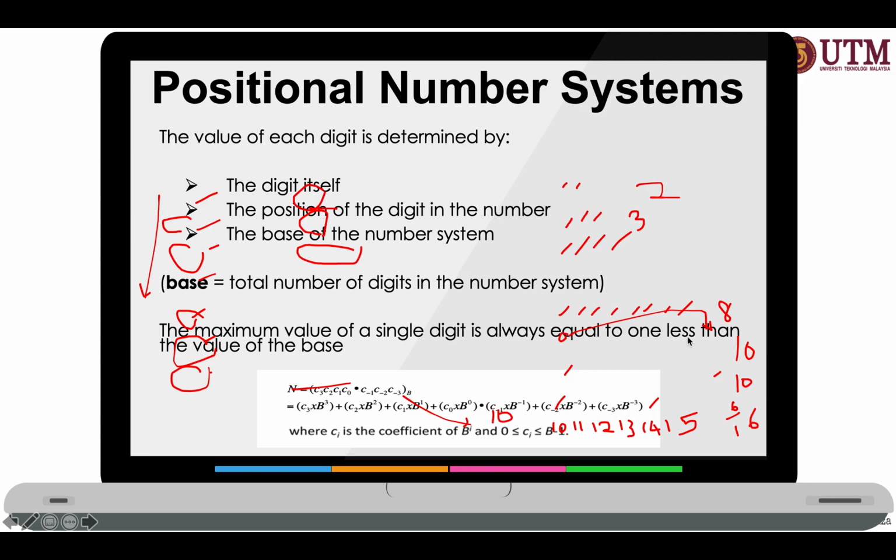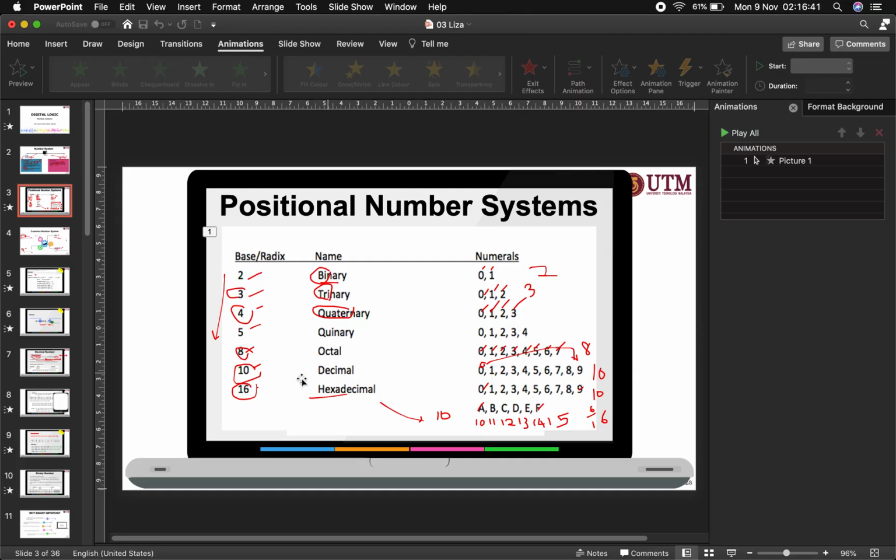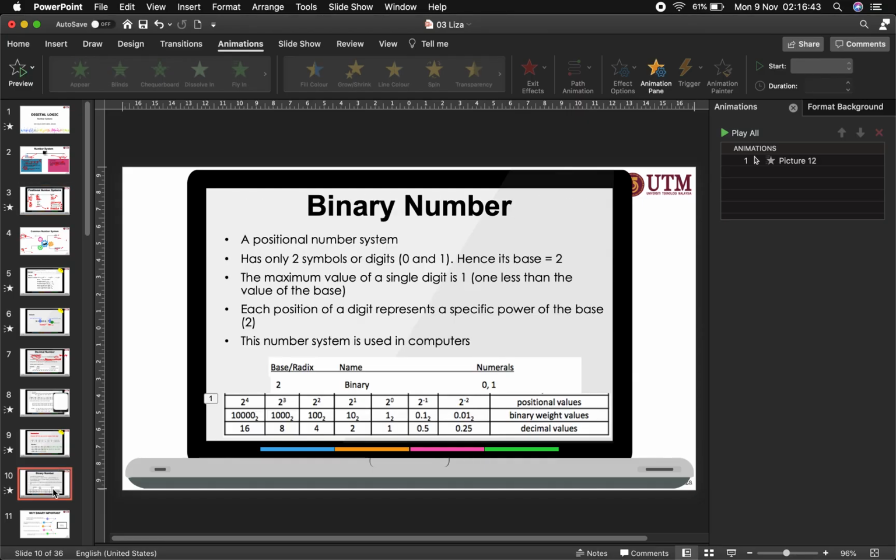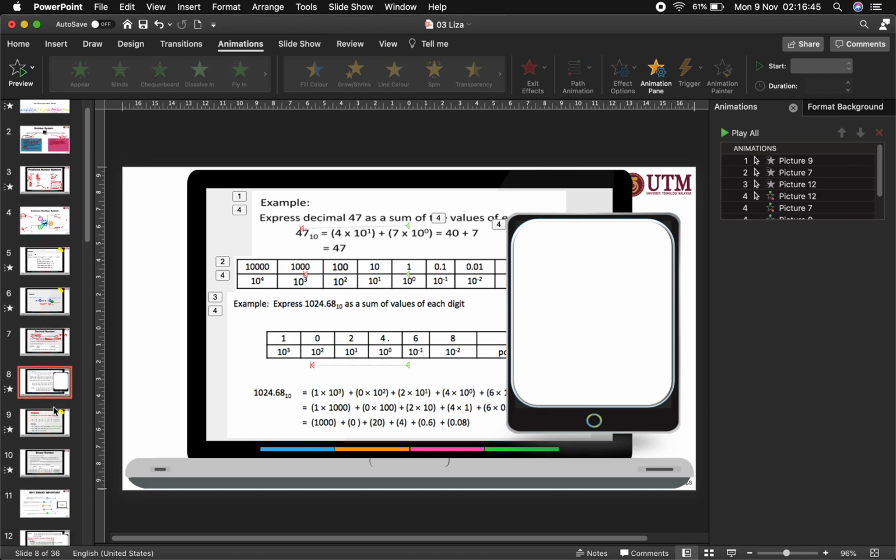So now you understand, right? If let's say you have base 10, the maximum digit value is 9, because it's minus 1, or less 1. So let's go back to our main slide, which is on the decimal.